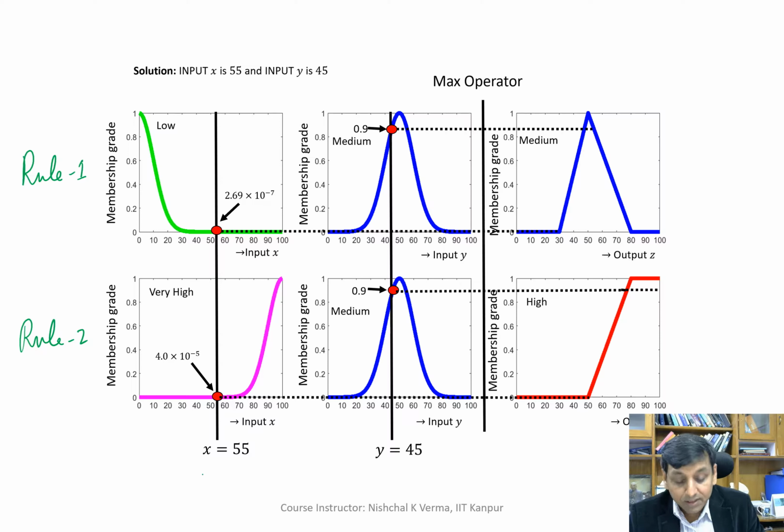when we see the intersection points, these are computed here from the membership functions, mu x and mu y. So we see that we have two membership grades.